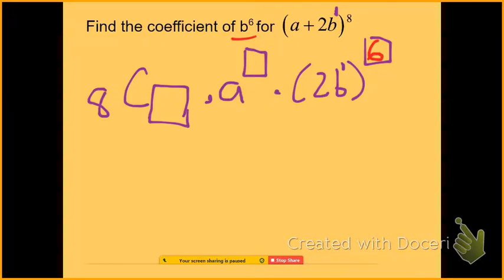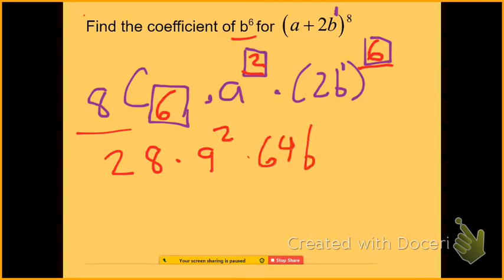Alright, well these numbers here always have to add up to n. So you get 2. And then here, it technically should be a 6, but if you put a 2, it's okay, because 8 choose 6 is equal to 8 choose 2. Okay? So if you do 8 choose 6 on the calculator, you get 28 times a² times 2⁶, which is 64, b⁶.